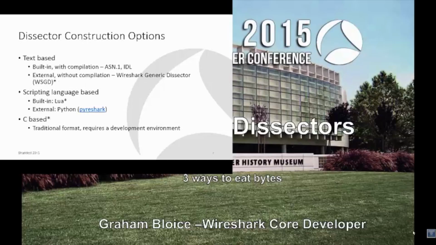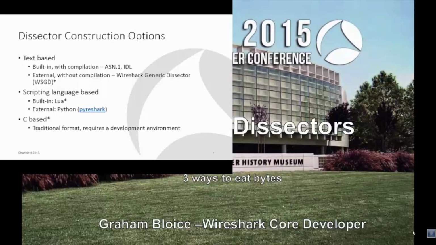So, onto the meat of what we're going to look at today: some construction options for actually creating dissectors. The first ones are text-based. All you need to build them is a text editor. No programming really required, it's just text, though of a structured format.